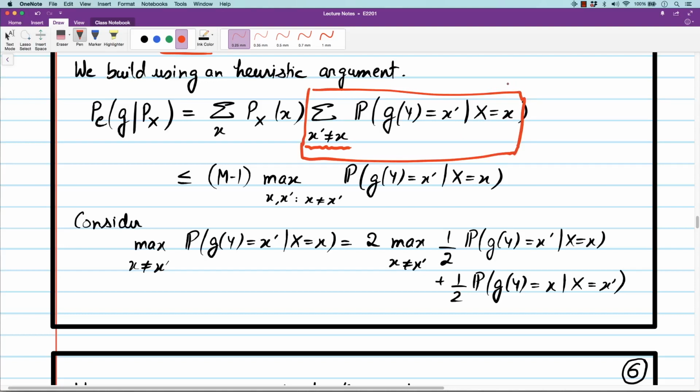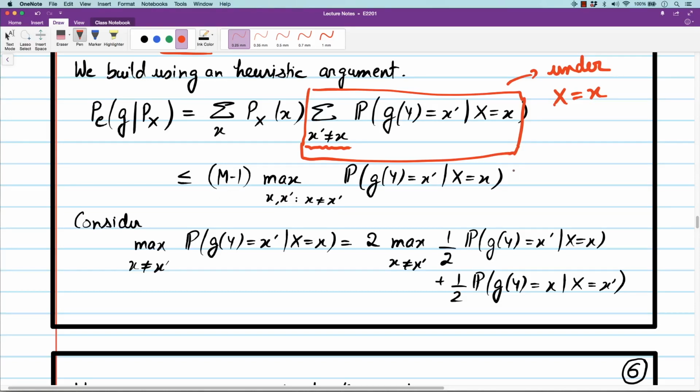This is all calculation under X equals x. How many such hypotheses are there? There are M minus 1 such hypotheses. So you can replace this with the max over x prime different from x, and there are M minus 1 such terms. So this max times M minus 1 is what you get here as an upper bound. But then there is no dependence on x, so this term is just 1. So you get this bound: M minus 1 times the max over x prime of this.